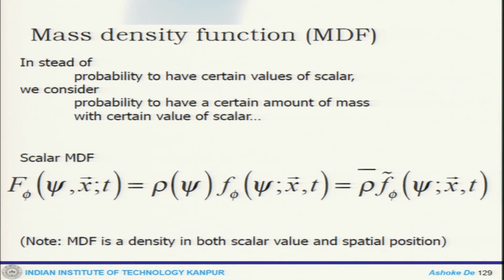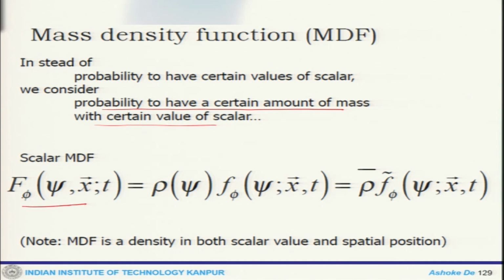Now let's consider the mass density function. So instead of the probability to have certain values of the scalar, we say the probability to have a certain amount of mass with a certain value of the scalar. This leads to a new definition, which is the scalar mass density function.